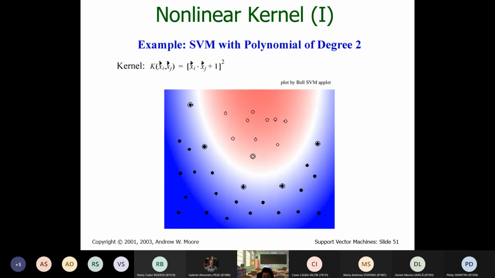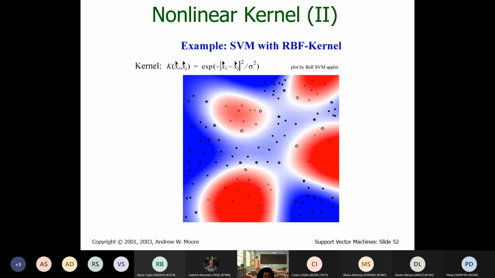This is how the polynomial of degree 2 will look. So if you use a kernel like this, (xi·xj + 1) to the square, it will look like this, and these are the support vectors for both classes.